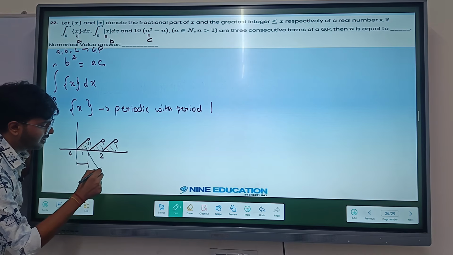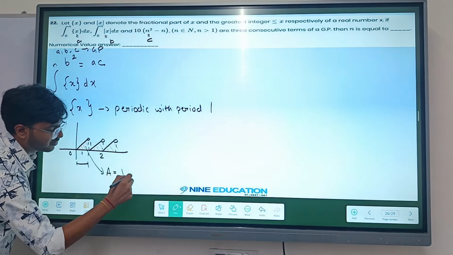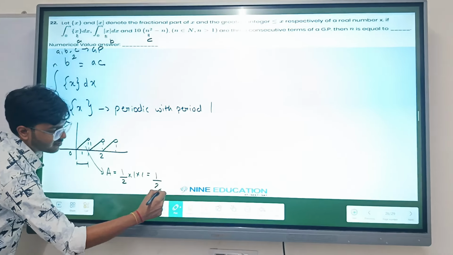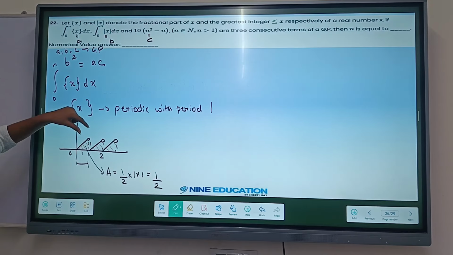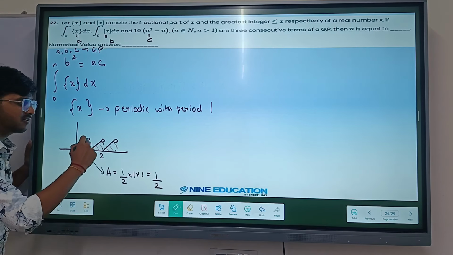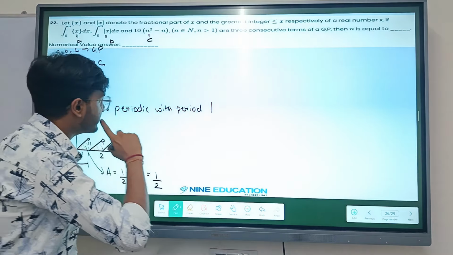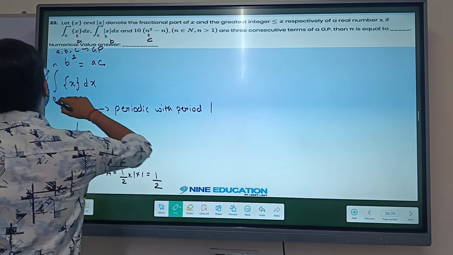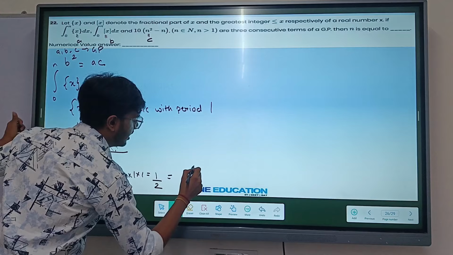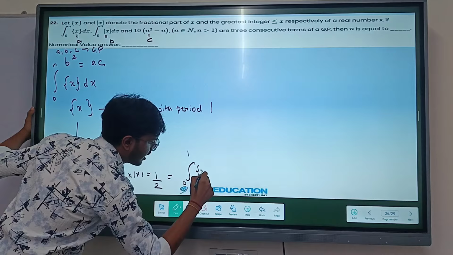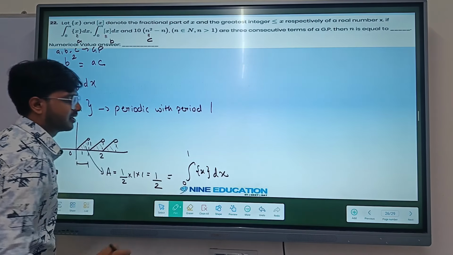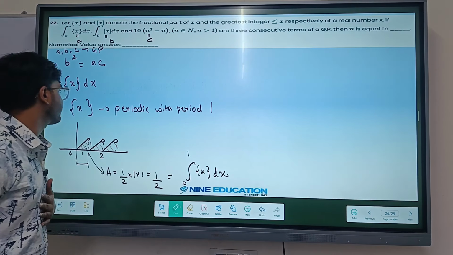This whole area would be 1 by 2 into 1 into 1, which is 1 by 2. And what is this area? Definite integration 0 to 1 fractional part of x dx.